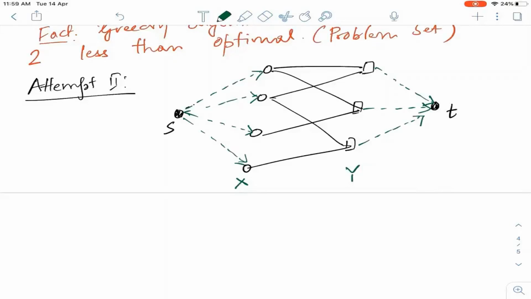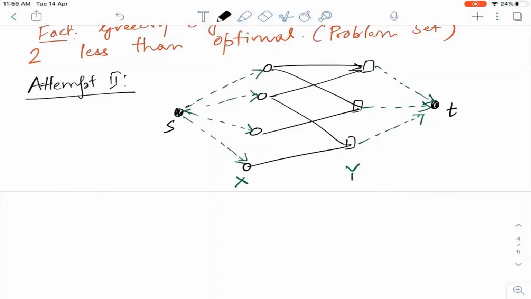Let me also give some directions to these edges. I just choose this direction. You could have also done the other way around. Okay, how about the capacities? What should be the capacities on the edges?